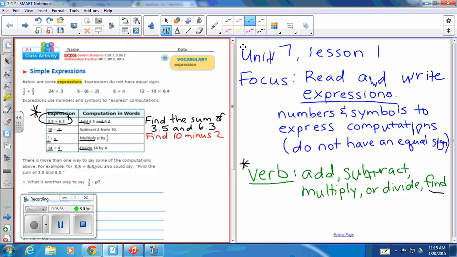For the next one down, we could say find 1/2 times P. And for that last one, we could say find 14 divided by 4. Do you see the difference? Okay, so one starts with the actual computation verb first, the other one starts with find first. Either way is correct. Okay.